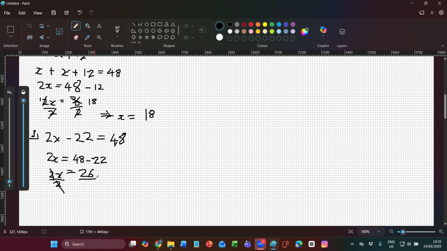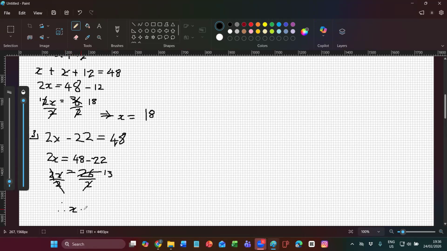Uh-huh. x equals 13. Exactly. x equals 13. So that's it for x.